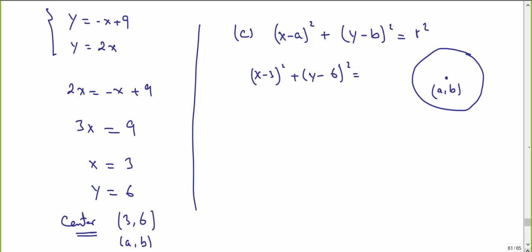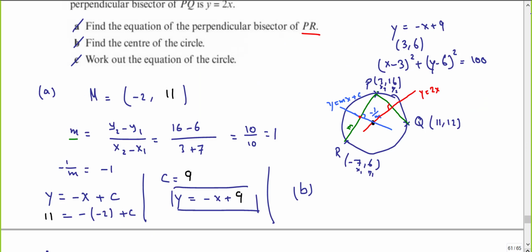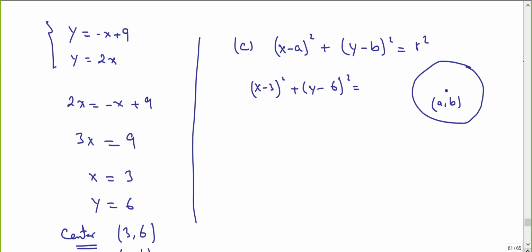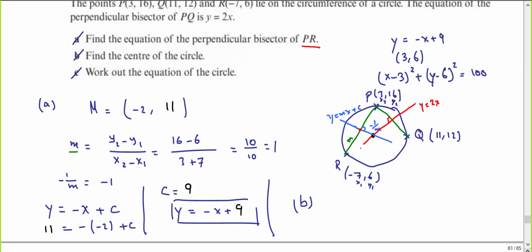So what's R? What's R here? The radius. Yeah, how to find the radius? Radius is a distance. How to find it?